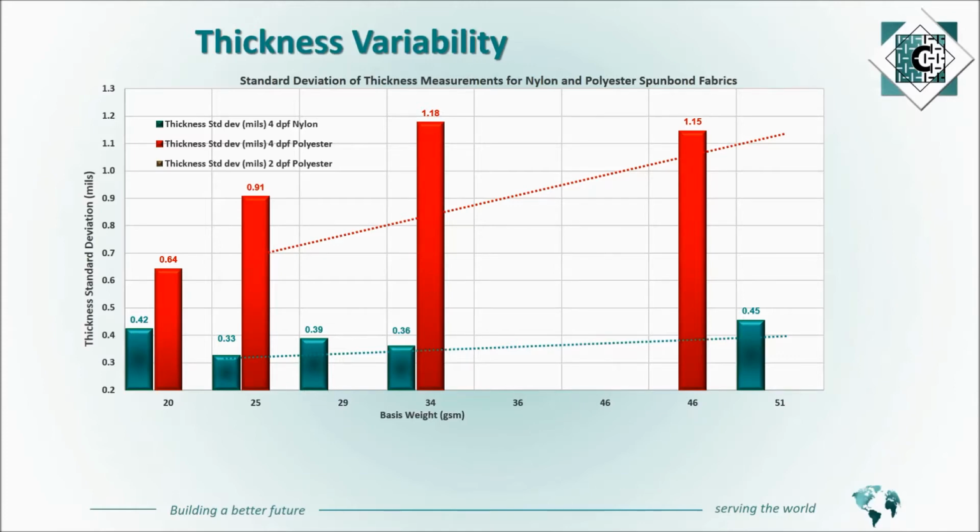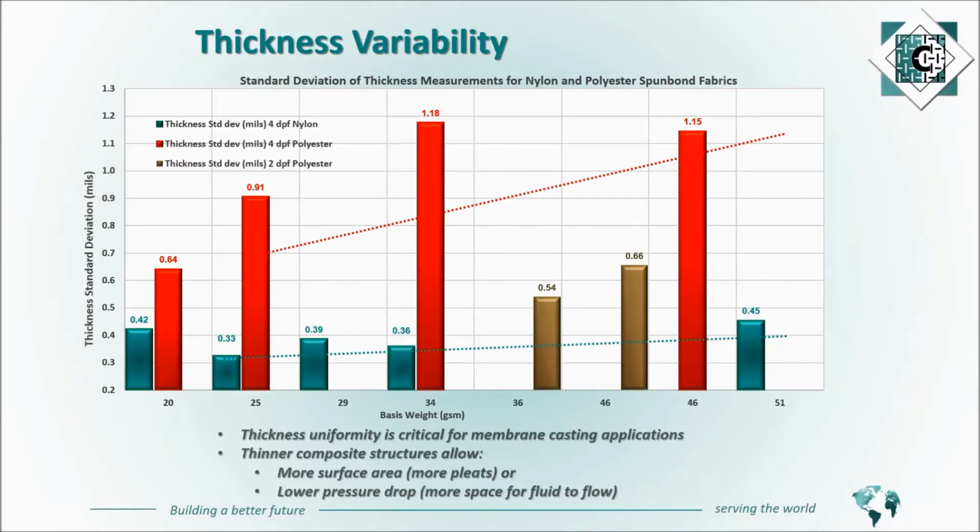From a coefficient of variation standpoint, which is standard deviation over the average thickness, you'll see that ours goes down, whereas for the competitive polyester product the percentage stays the same, and as a result the standard deviation goes higher as the thickness and basis weight go higher.